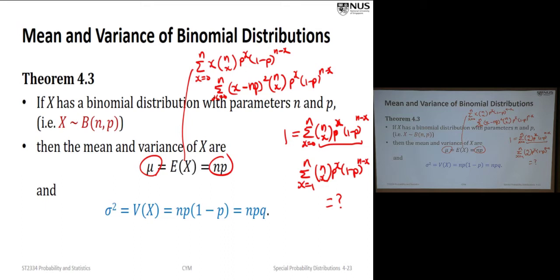The general term, put x equal to 0. Then this whole thing is equal to 1. Am I right? Can you calculate this one? Easy. So you will get the answer. This is a trick that you may find useful.